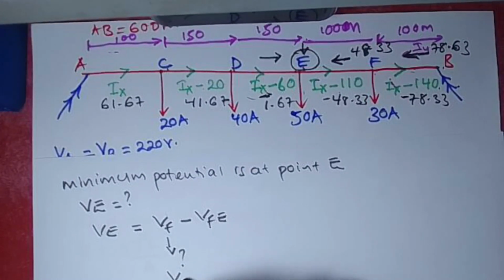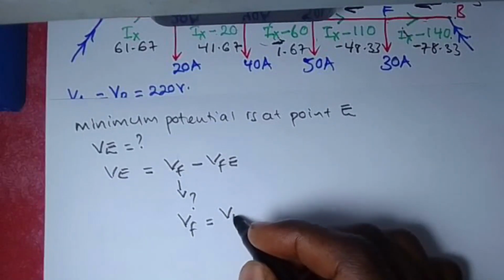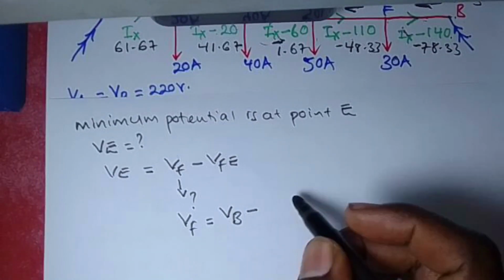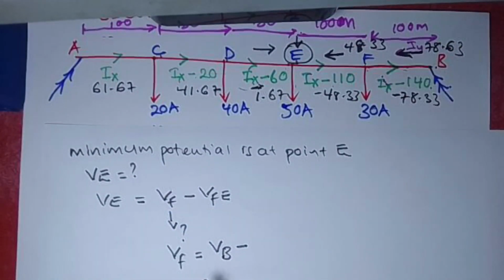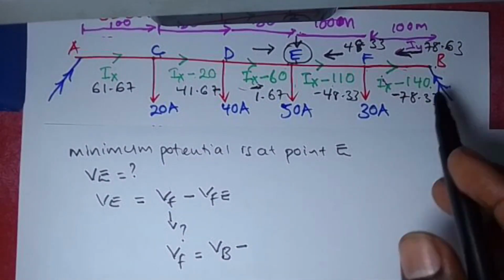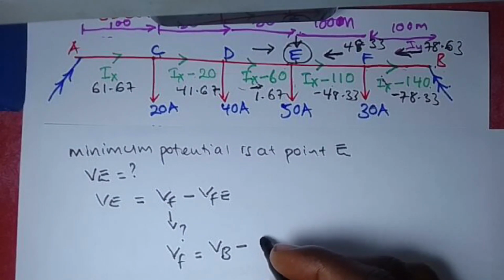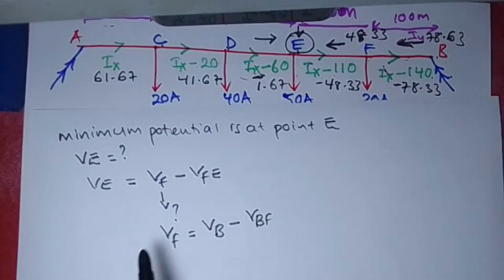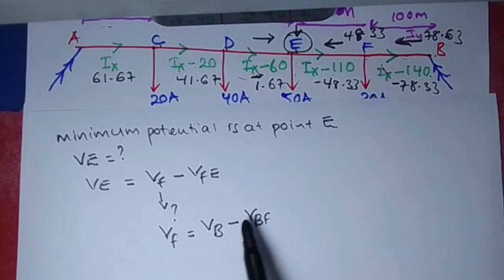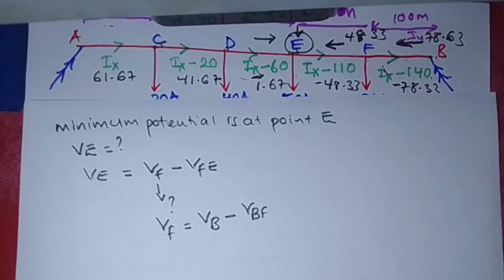So voltage at F will be got by getting voltage at B minus the voltage drop between B and F. That means we start by calculating VF, then we can calculate VE.